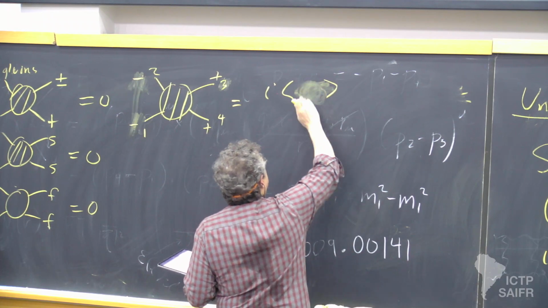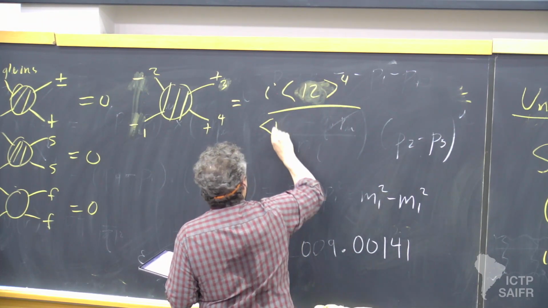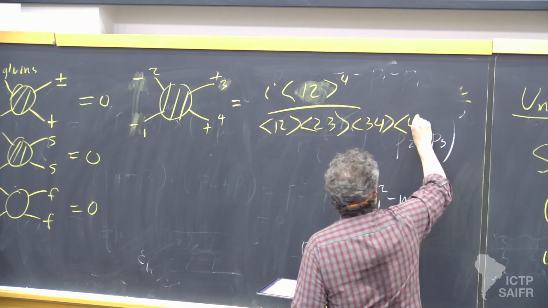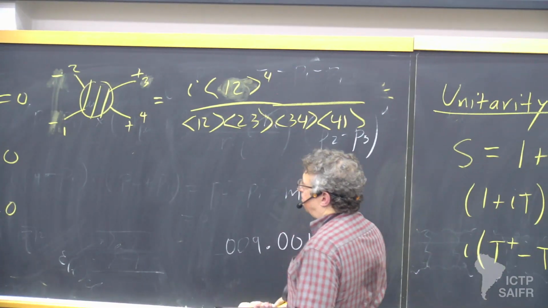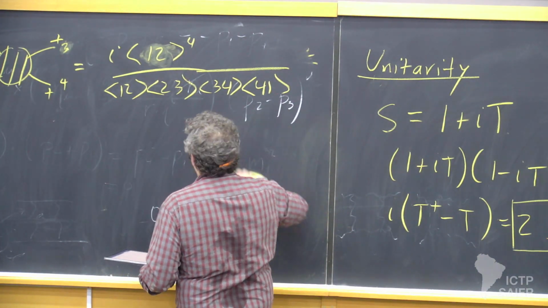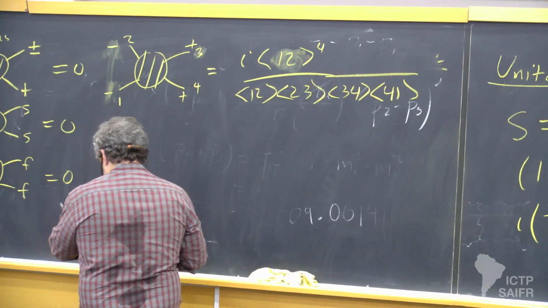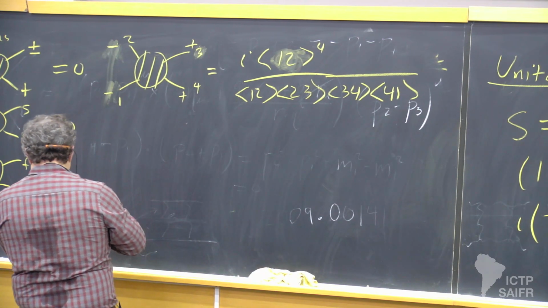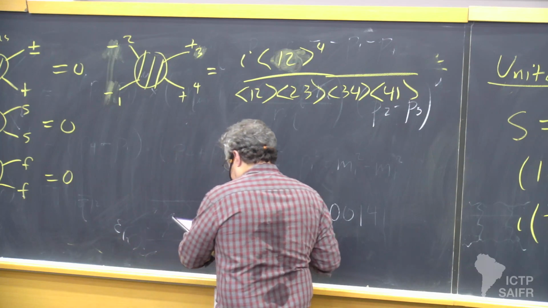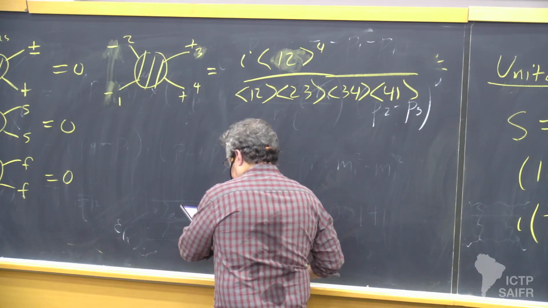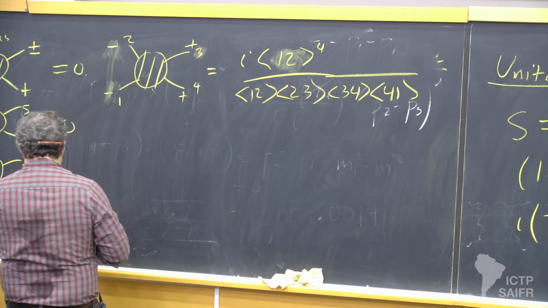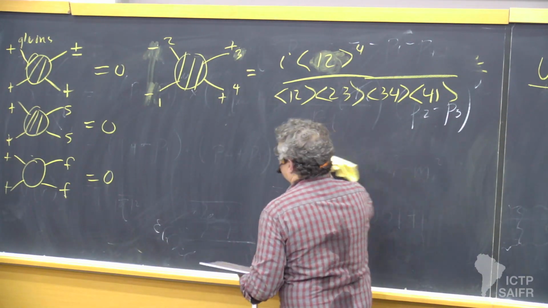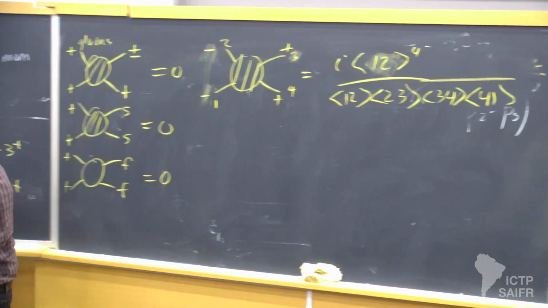Okay, so let's make this 1, 2 to the 4th, 1, 2, 2, 3, 3, 4, 4, 1. Okay. So let's look at this thing here.